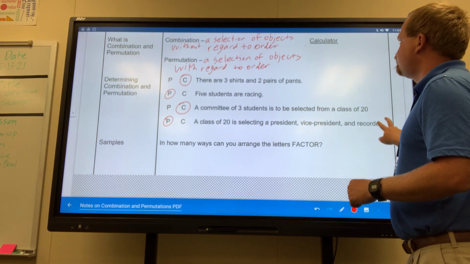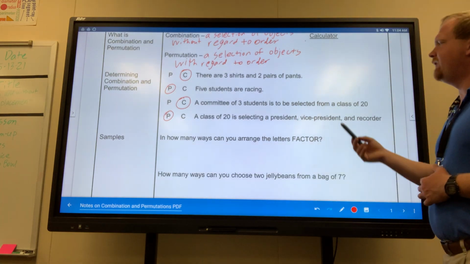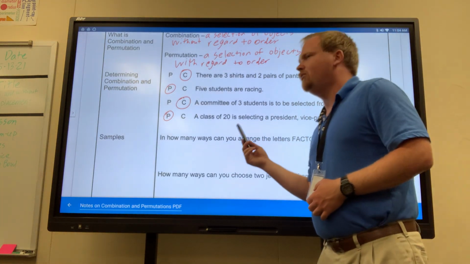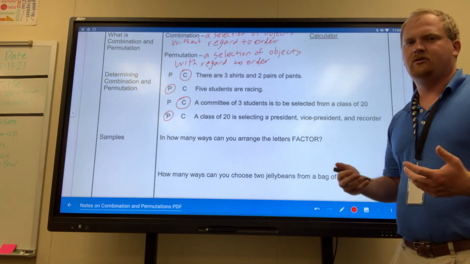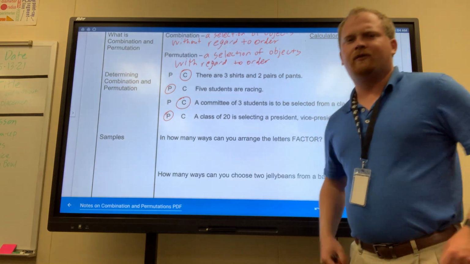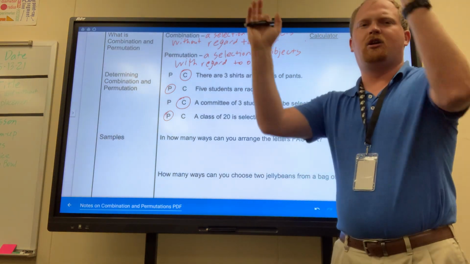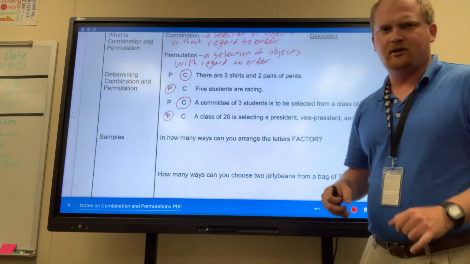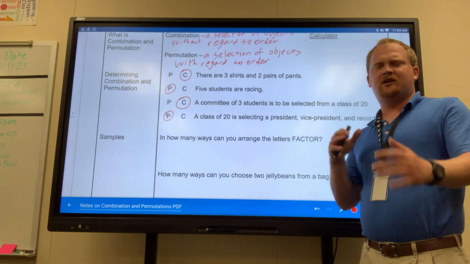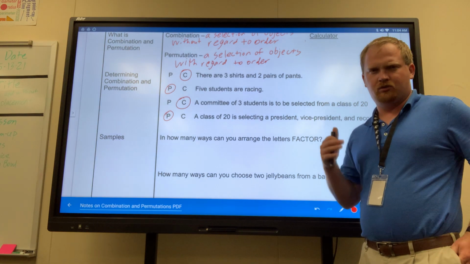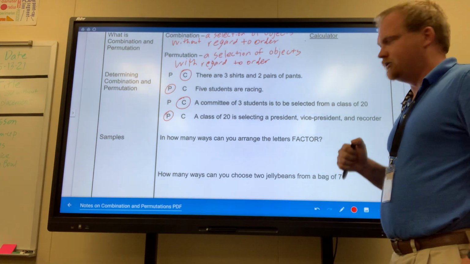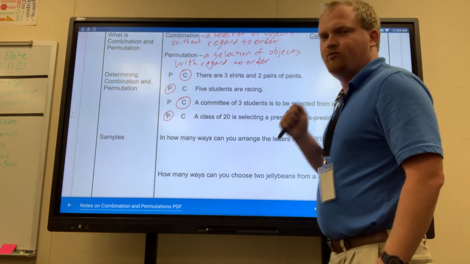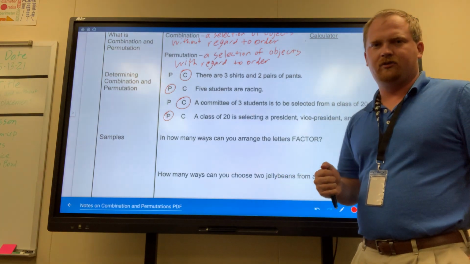Now, next, we want to find how many different ways can you arrange the letters in factor, okay? So if I have the word factor and I just throw it up in the air and just try to rearrange it or whatever, how many different ways can I rearrange those letters? And it's really simple, but we got to use our calculator for this, okay?